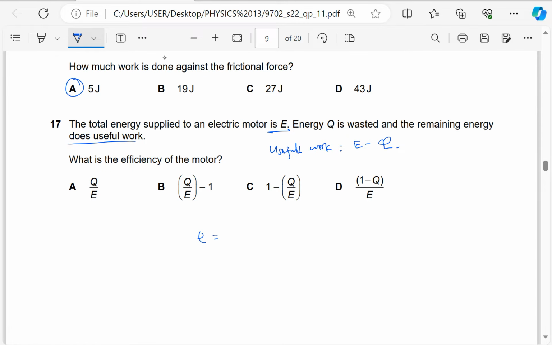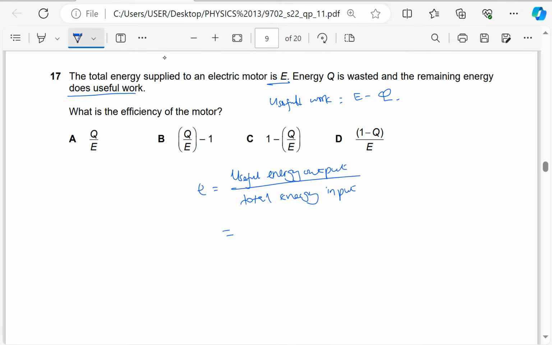And we know that efficiency is equal to the useful work output, or the useful energy output, divided by the total energy input.